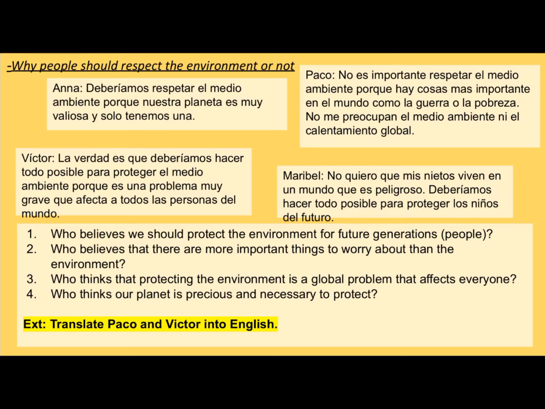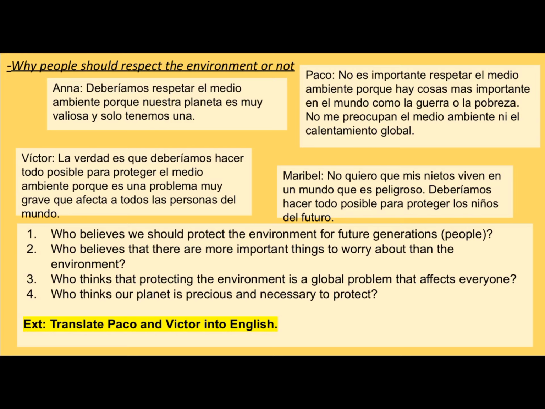Okay. Question 2, who believes that there are more important things to worry about than the environment? If we have a look here, we've got Paco: "No es importante respetar el medio ambiente porque hay cosas más importantes en el mundo como la guerra o la pobreza.